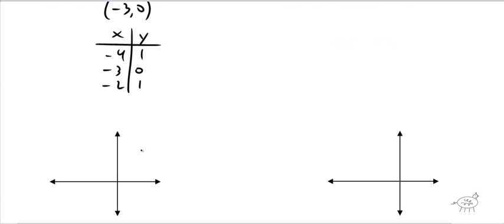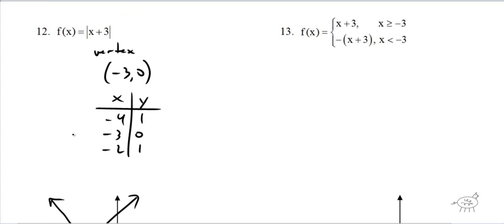So this is pretty easy. We're going to have negative 2 comma 1, negative 3 comma 0, and negative 4 comma 1. So that is what my graph looks like. Pretty easy, right?